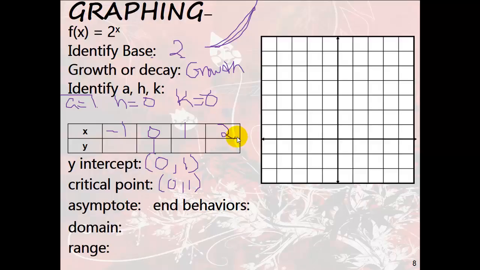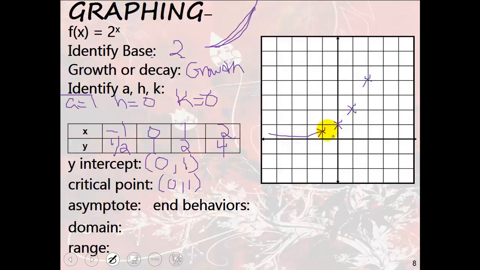So if I pick -1, 2 to the -1 is 1/2. And 2 to the first is 2, and 2 squared is 4. And so I'm going to plot these. So I get -1, 1/2, 0, 1, 1, 2, and 2, 4.